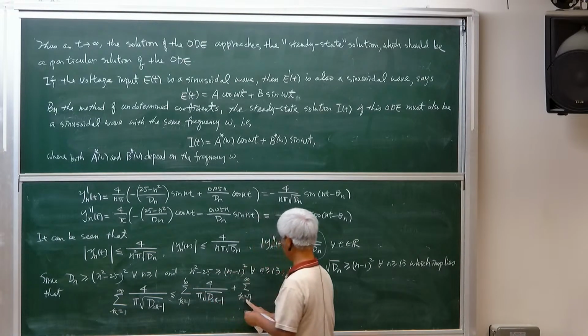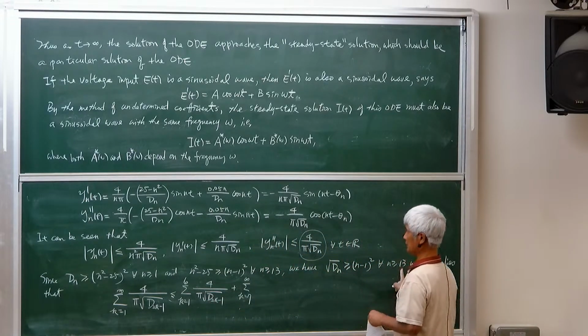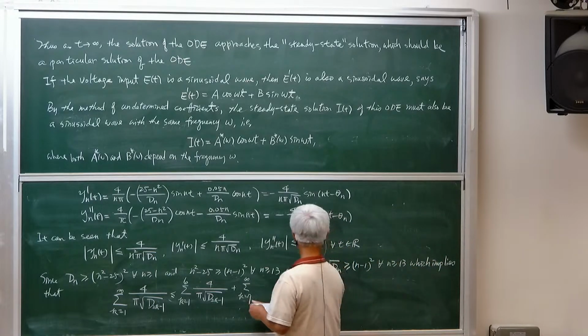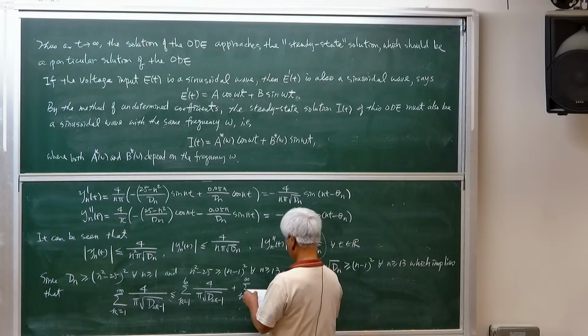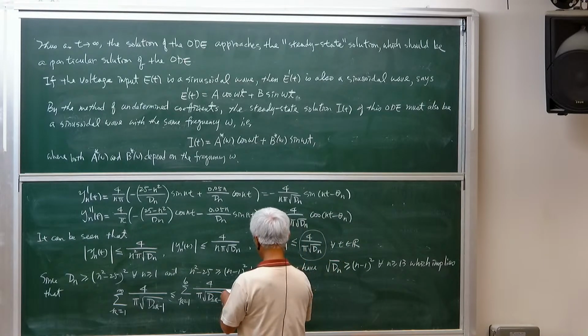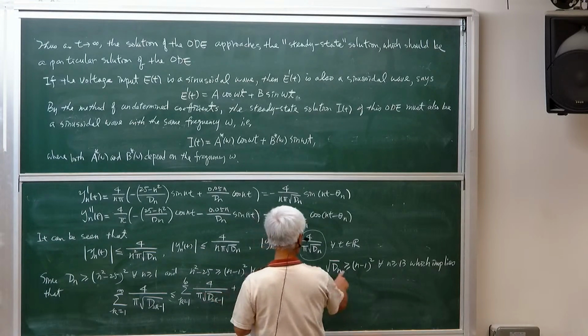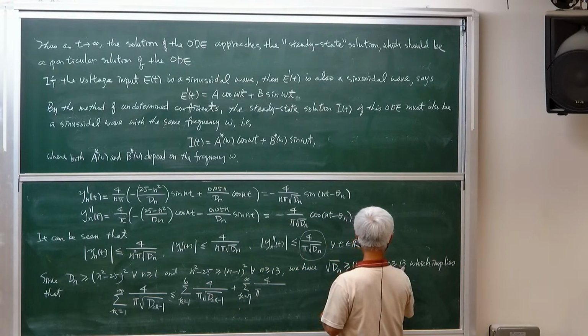When k is 7, n is 13, because n is equal to 2k minus 1. So this becomes 2 over pi square root of d_n when n is greater than or equal to 13, as a lower bound.